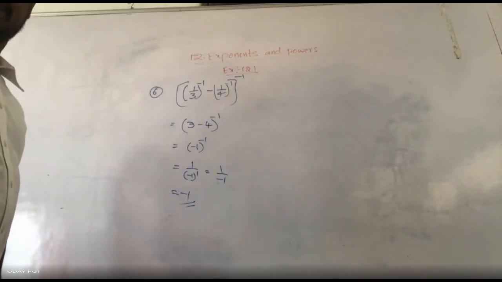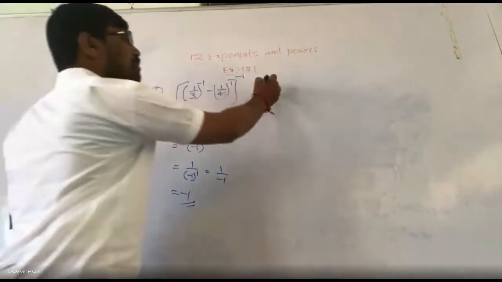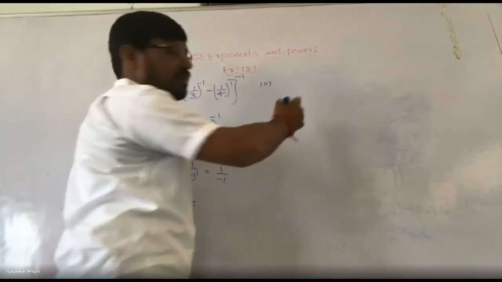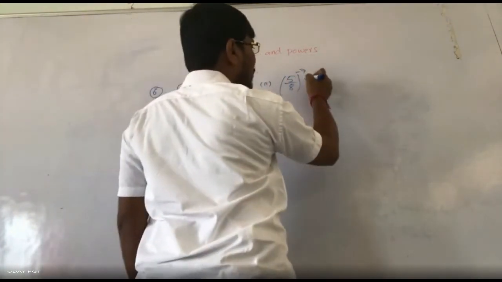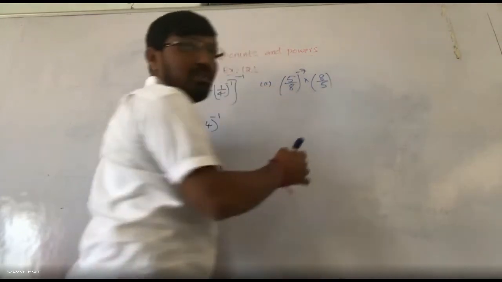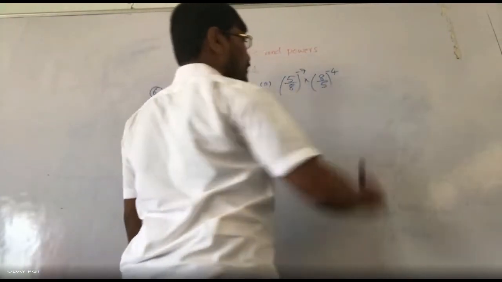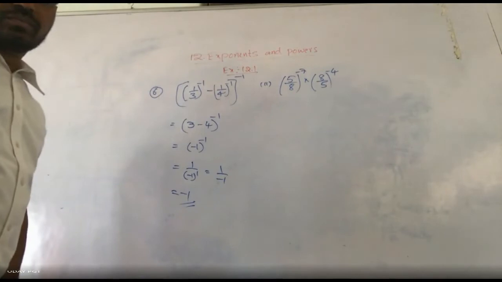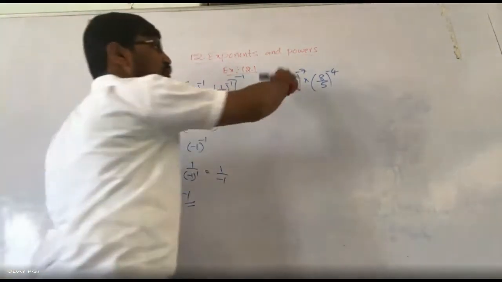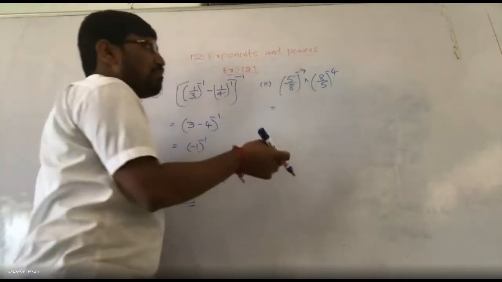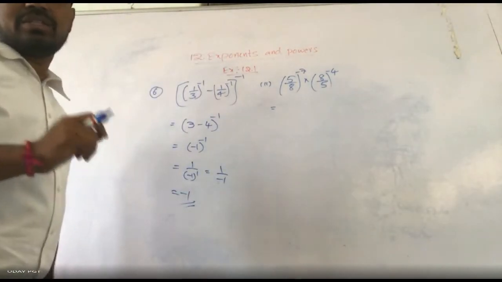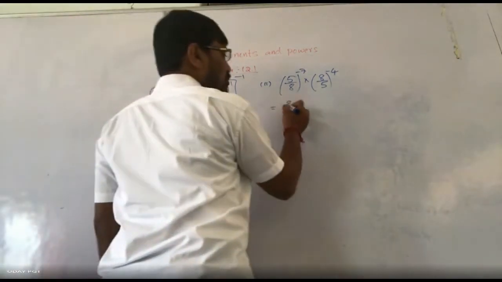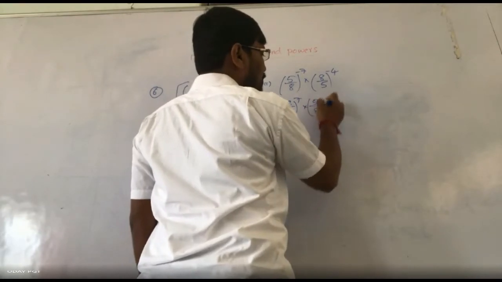Okay? So the second problem is given to you as 5 by 8 whole to the power of minus 7 into 8 by 5 whole to the power of minus 4. First make the powers positive so that the problem is a little bit easy. 8 by 5 whole power 7 into 5 by 8 whole power 4.